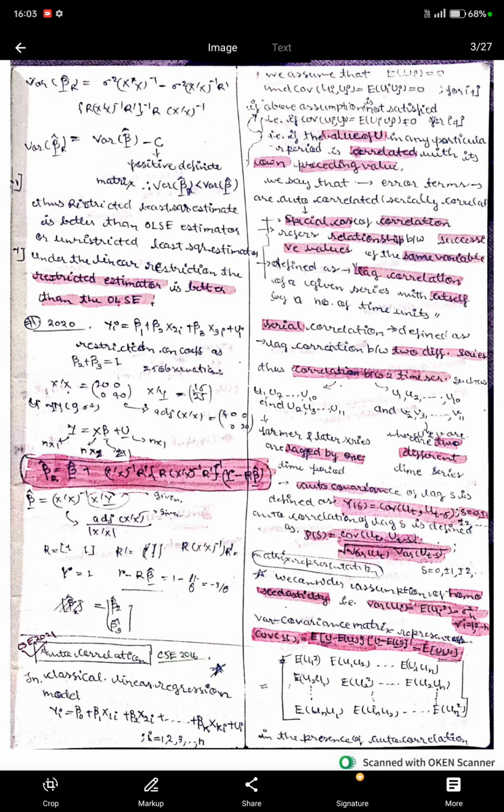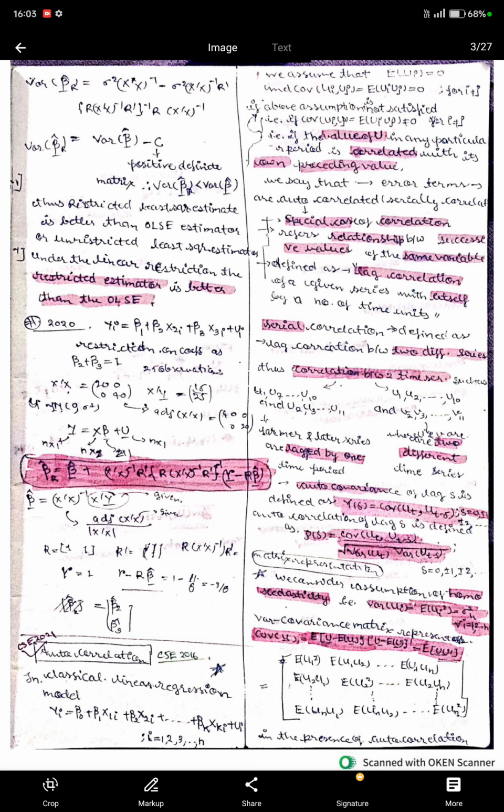Since beta cap equals to X dash X का inverse into X dash Y, by putting these values we will get the beta cap. X dash X का inverse we will find from the adjoint of X dash X by determinant of X dash X, and X dash Y is given in the question.